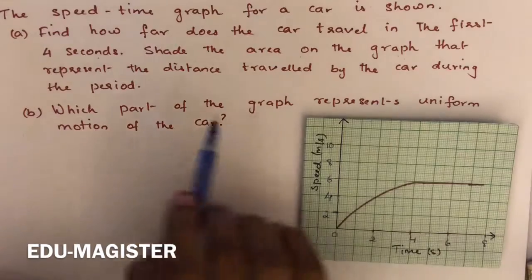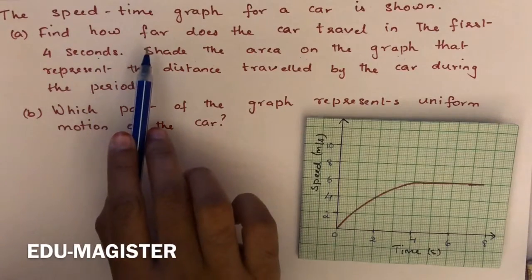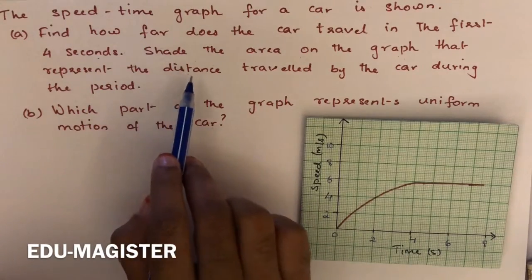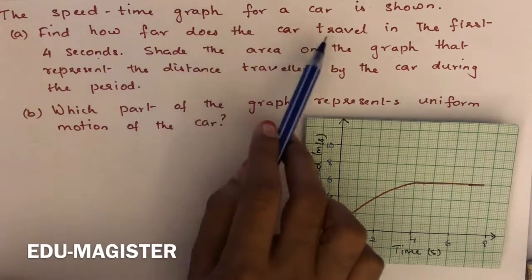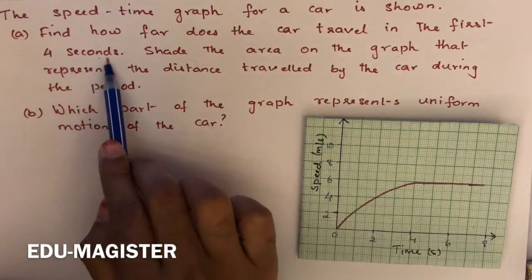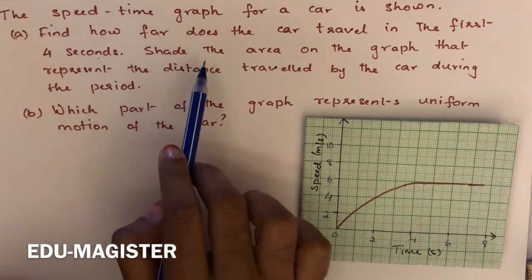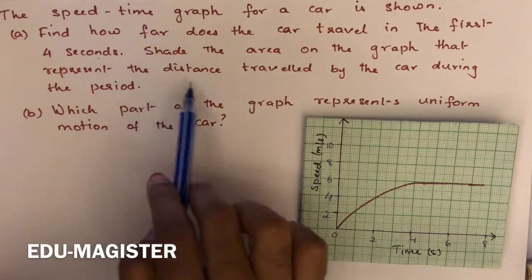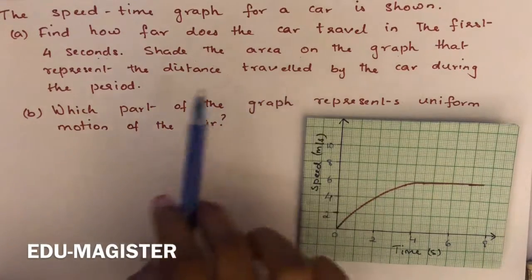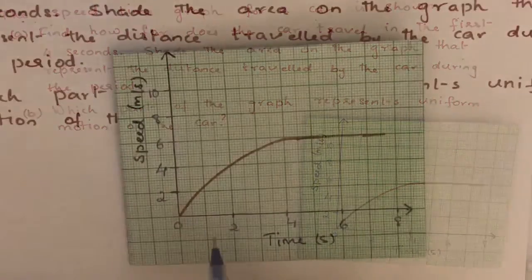Now, the first part of the question is asking about the distance travelled by the car. So, they are asking the distance travelled by the car in the first 4 seconds, and they are also asking us to shade the area on the graph that represents the distance travelled by the car during that 4 second period.